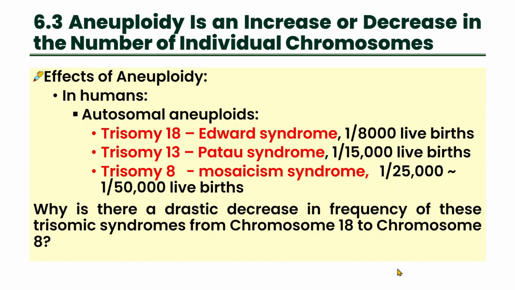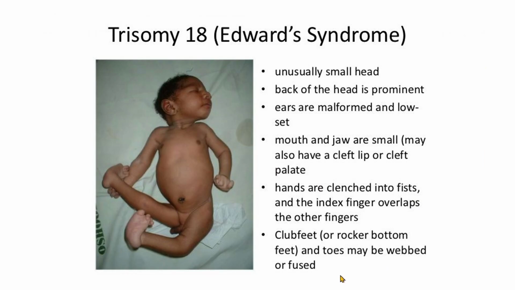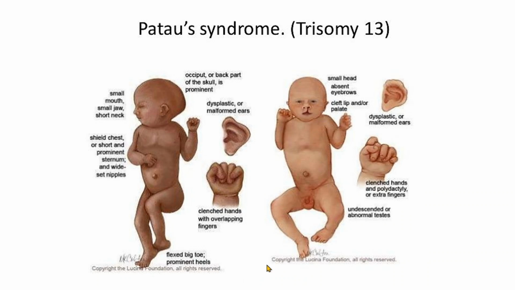So only a few specific trisomies are seen in live births. This is an example of a baby with trisomy 18. This is trisomy 13 or Patau syndrome.